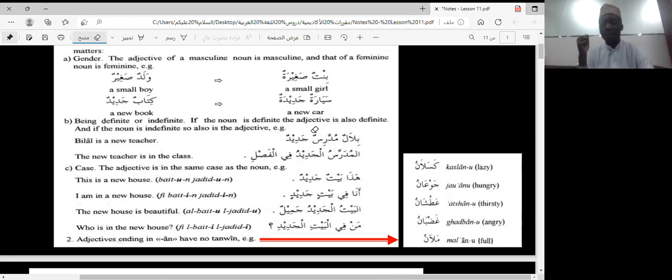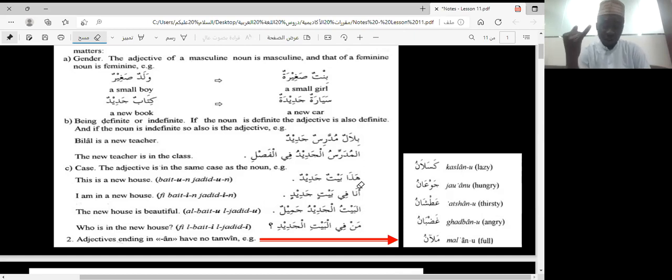That would fall under al-mubtada and khabar. So here we have al-mudarrisu al-jadidu fil fasli, the new teacher is in the class. That is the second matter in which na'at and man'ut are in agreement.